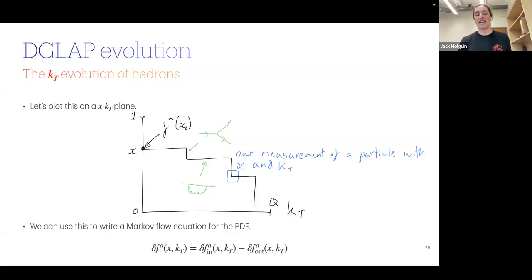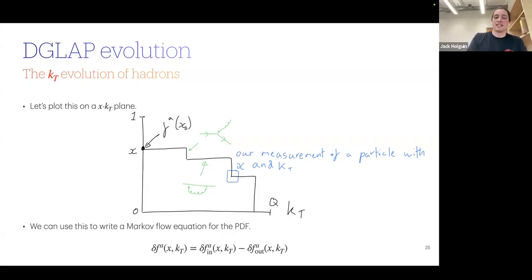And so we want to write this now as a flow equation. We want to look at all the possible paths a quark could have taken through this plane such that they ended up in our box. And we write this as the change in the parton distribution function, which is now the probability to find a quark with a momentum fraction x and at a transverse momentum resolution of kt, is equal to the amount that flows into this box minus the amount that flows out of this box.